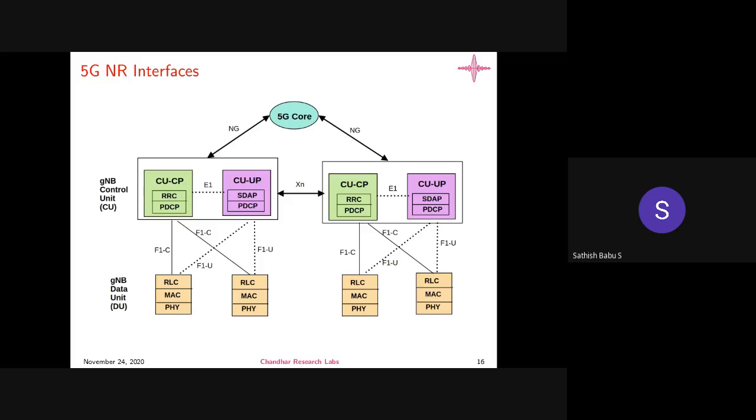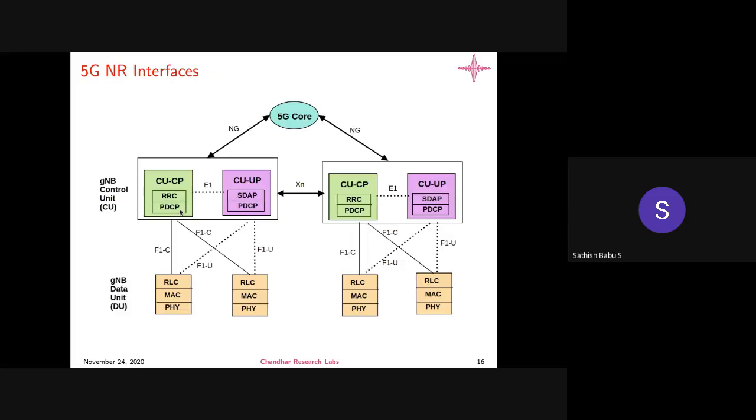So it deals with the quality of service of packets, or if any packet loss is there, all those things are handled by your packet data convergence protocol. So here the QoS characteristics, the quality of service of your packets, is handled: how the packets are forwarded and routed, and the quality of service is also dealt with here.